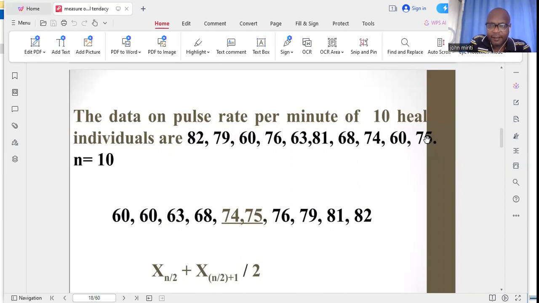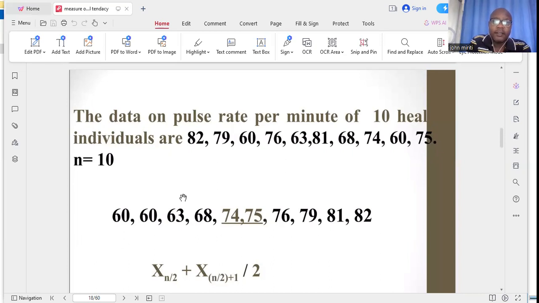In this case, this is an even number. You have to be very careful here, because if you divide the 10, it is 5 on this side and 5 on the other side.